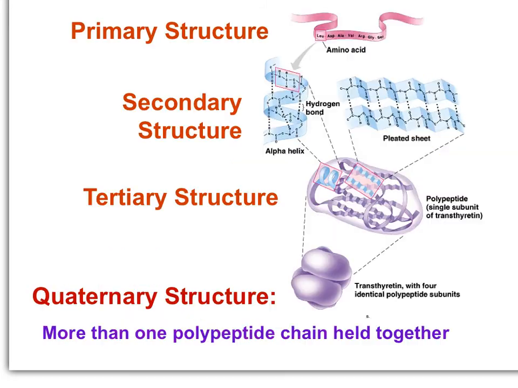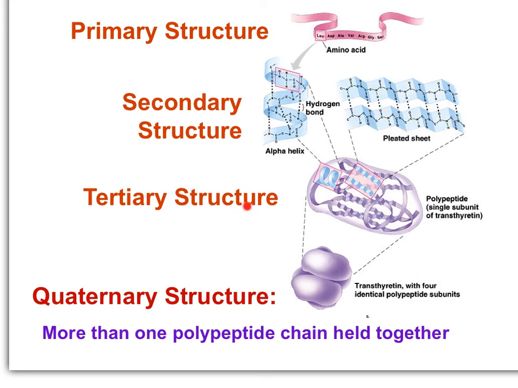So here's a review of the 3 levels of protein structure that I've covered so far, with one additional level, the 4th level structure. Primary structure is the sequence and number of amino acids in the polypeptide. Secondary structure is the alpha helix or beta pleated sheets.